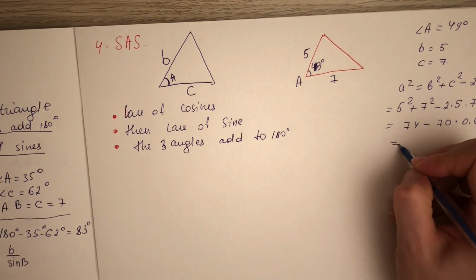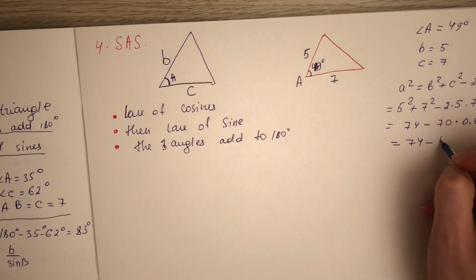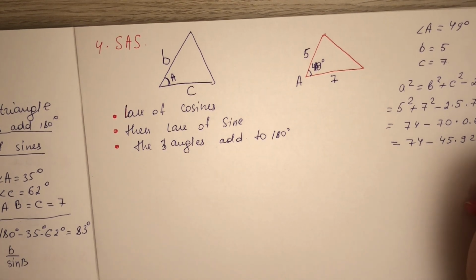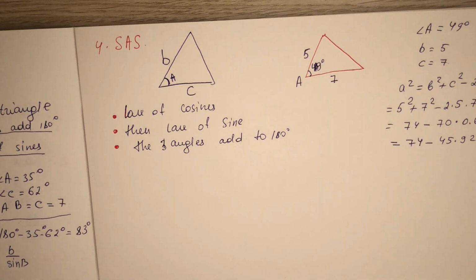So this is equal to 74 minus 45.924, approximately equal to 28.07.